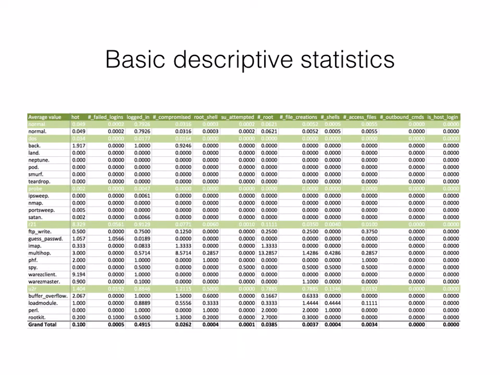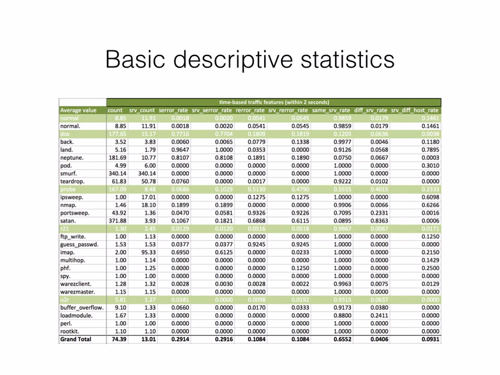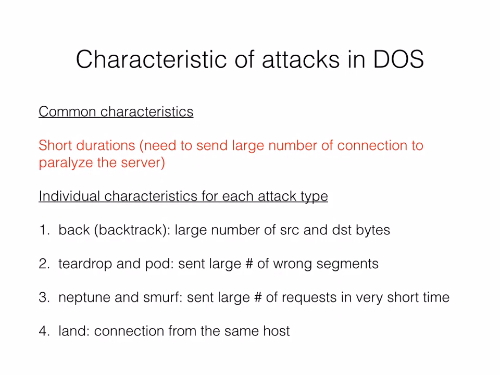Because we have around 40 features, I did many of them, and I'll do an analysis here. So, what can we learn from this data set? We can observe that there are different characteristics for different kinds of attacks.